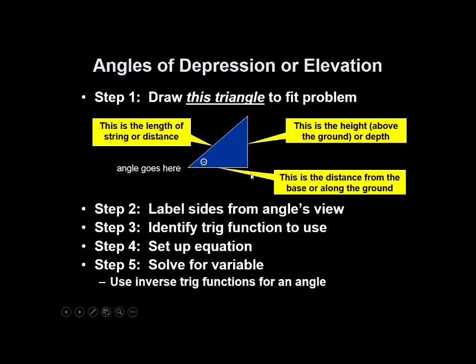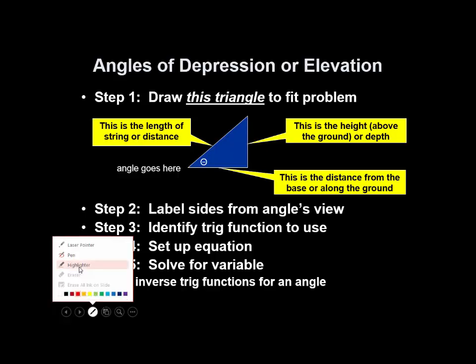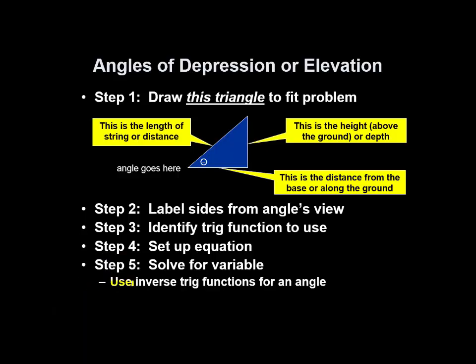This is no different than how we've set up all of our trig ratio problems. We always label the sides based off of the angle. And then I want you to identify the trig function you're going to use, set up your equation, and solve. Remember that we always use trig functions when we're trying to find an angle. We use trig functions for angle measures.